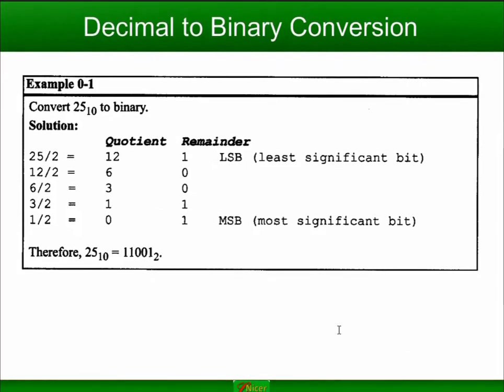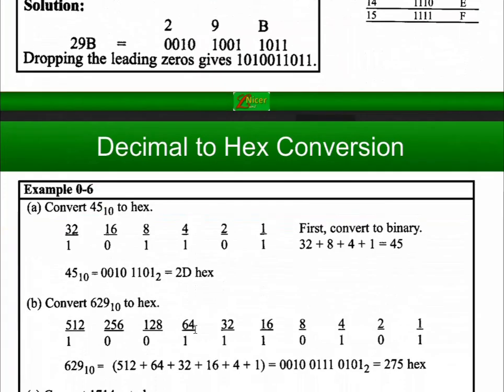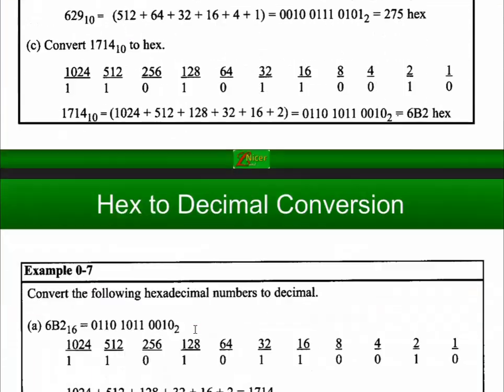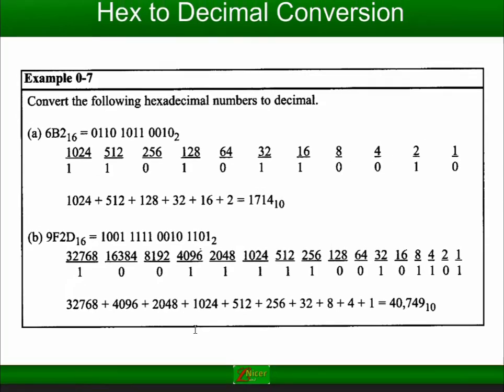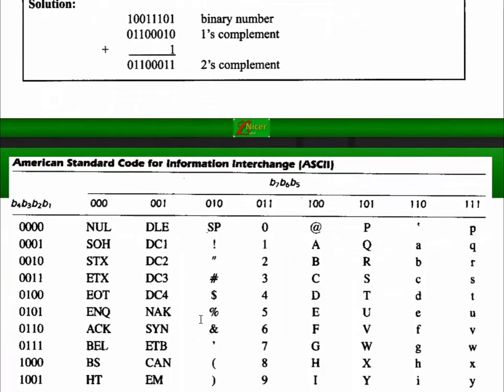So there is a decimal to binary conversion. You can see these are the simple conversions: decimal to hexadecimal conversion, hexadecimal to decimal conversion, binary addition.